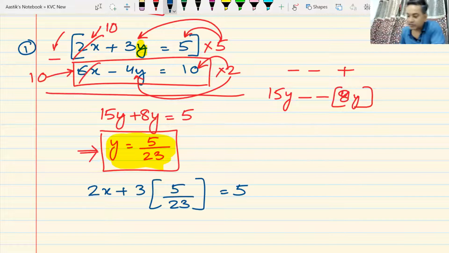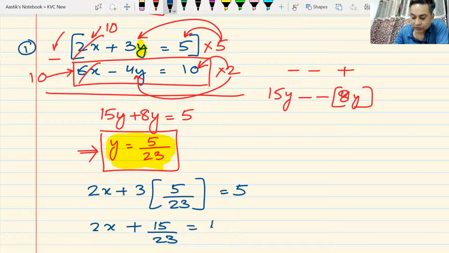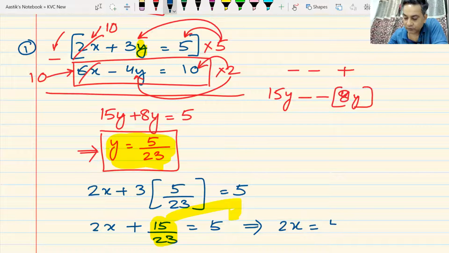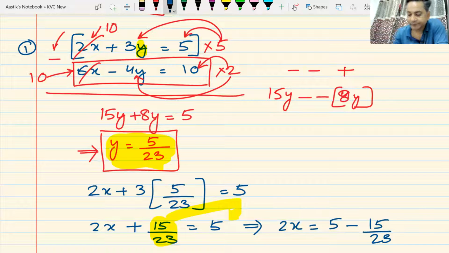That becomes my equation number 1. 2x plus 15 by 23 is equal to 5. Then I go on to the next step. I will take this entire thing on the other side. So 2x will be equal to 5 minus 15 by 23. Do you all understand this? Can I have some raised hands?